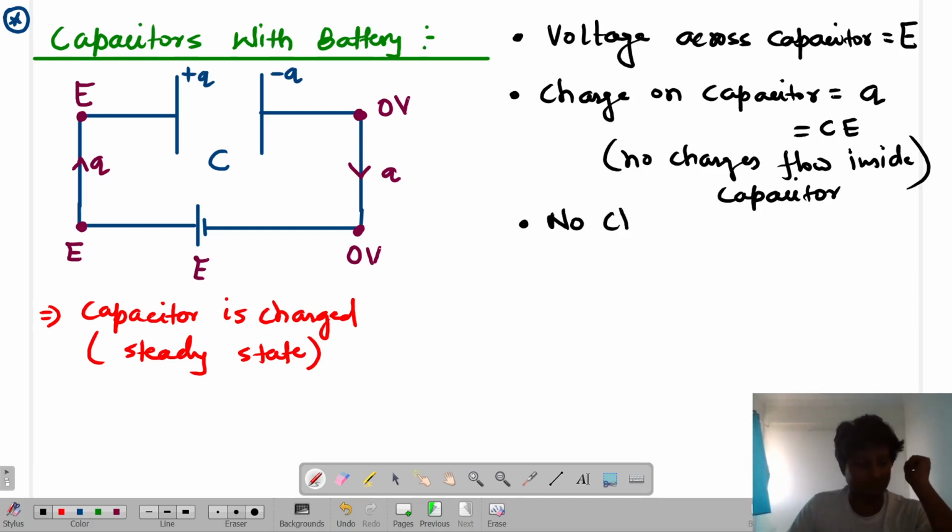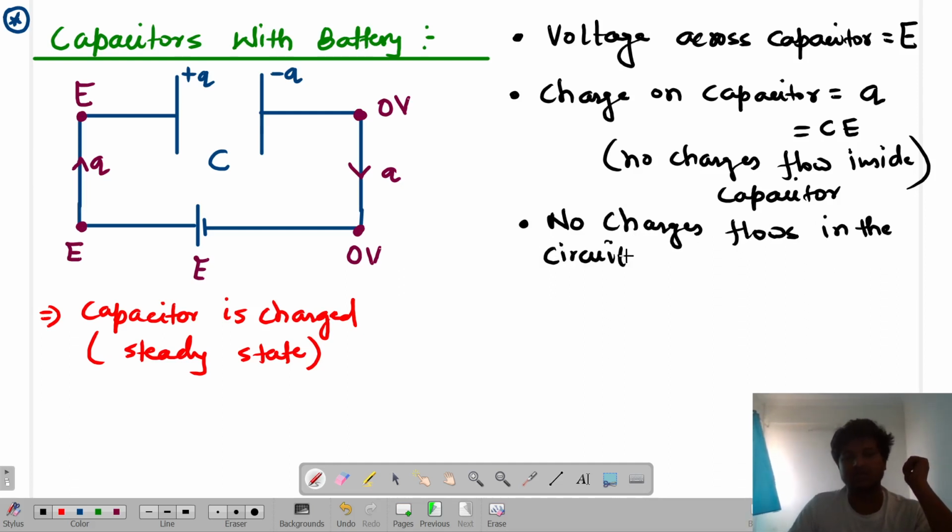No charge will flow in the circuit, as the steady state of the capacitance has been reached. Are you able to get me or not? Yes. Is that clear? Perfectly clear. So this is what happens when we have any kind of capacitance, if I connect them with the battery or something like that. Is that clear or not? Yes, sir. ठीक है हाँ.